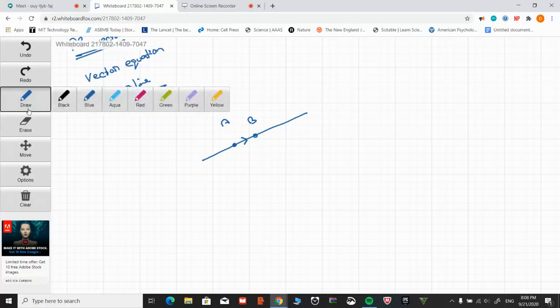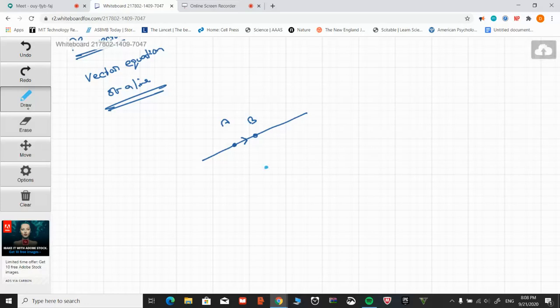And let's say we have another vector over here, which is vector O, and somewhere down the line we have another vector P. So we have a bunch of vectors here, one being the vector OA, the other being AB, the other being OB, okay? And another vector being OP. All right, so these are vectors that might interest us.